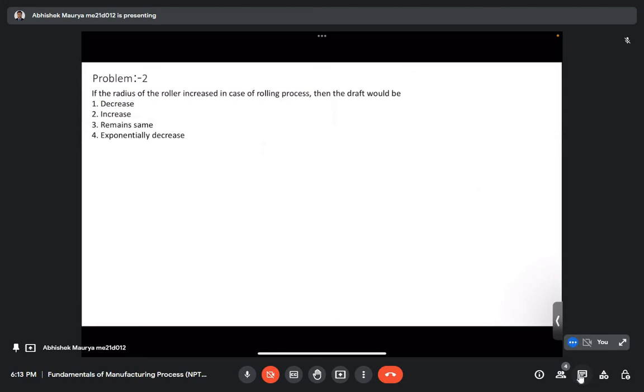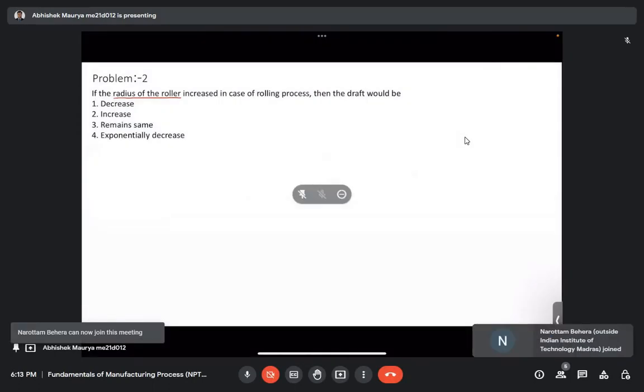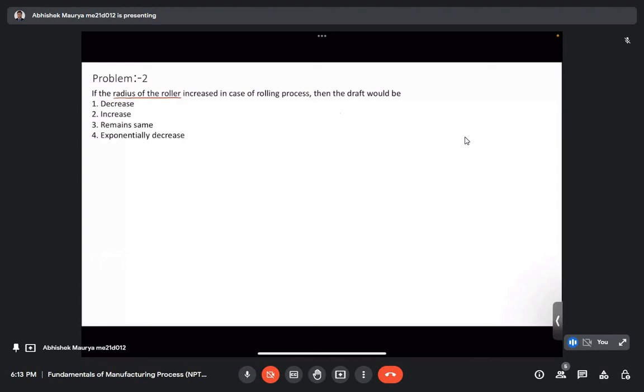In this question it has been given that the radius of the roller is increased in a rolling process, then the draft would be, as we have discussed in the previous question, that draft is basically the difference of thickness of the billet before and after the rolling.